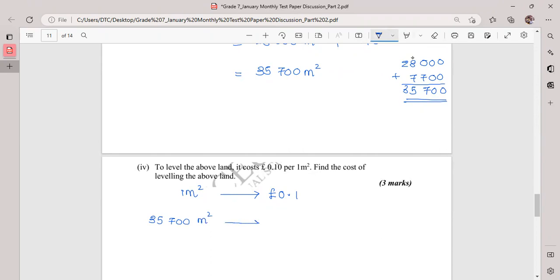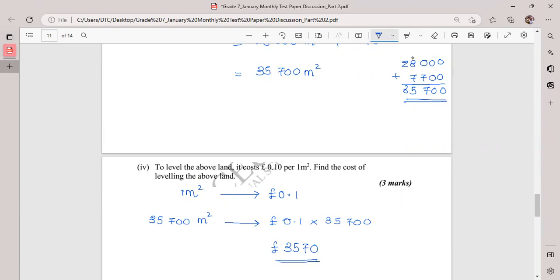So how do you get this? It is 0.1 multiplied by 35,700, right? When you multiply 35,700 by 0.1, what will be the answer, children? It is 3,570 sterling pounds. This is the answer.